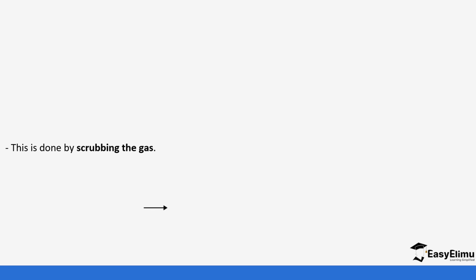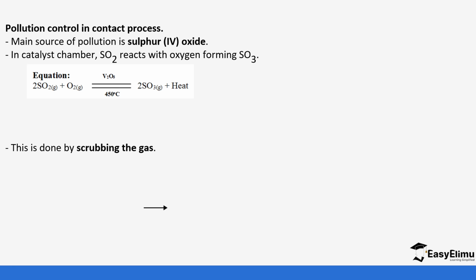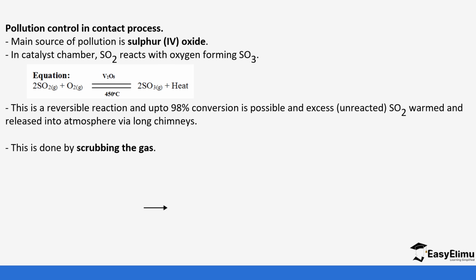Scrubbing is usually done in this process because sulfur 4 oxide is one of the major pollutants, and sulfur 6 oxide that is produced is also another pollutant. This reaction is reversible. Sulfur 4 oxide is usually converted to sulfur 6 oxide, but some of it can pass into the atmosphere.